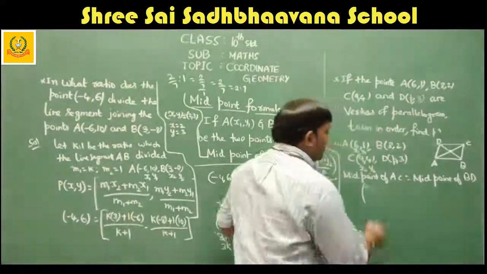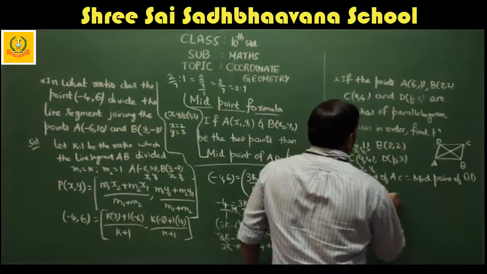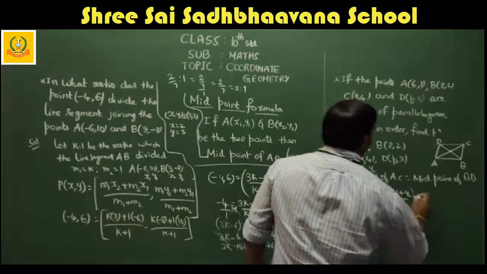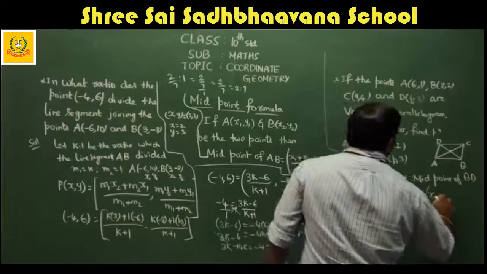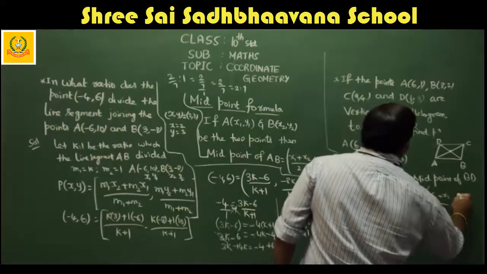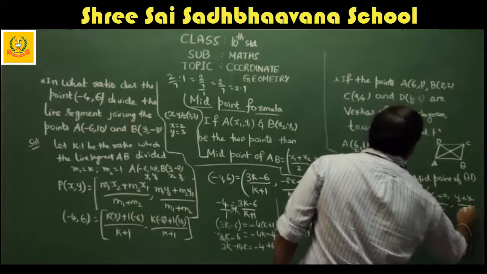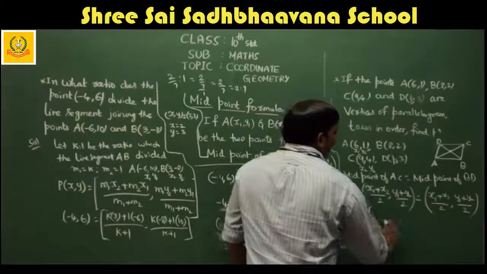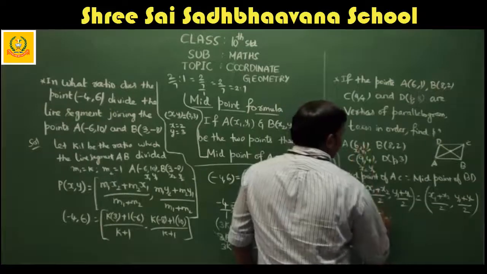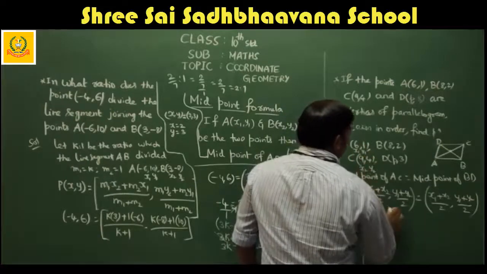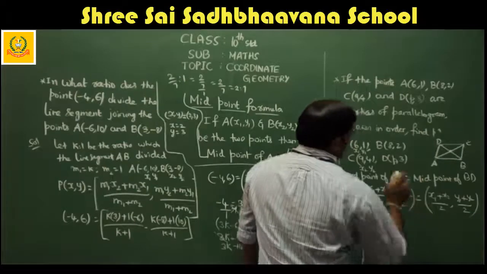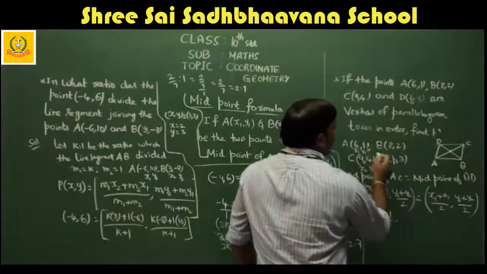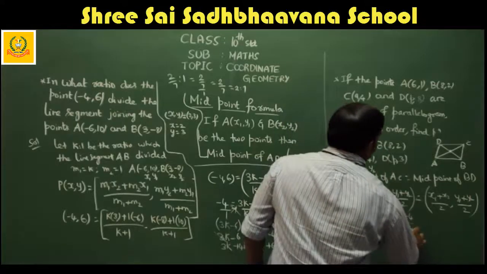Here also the same, (x1 plus x2) by 2, (y1 plus y2) by 2. What is x1 here? 6, plus x2 here, 9. So 6 plus 9 by 2. Next, y1 plus y2, so 1 plus 4 divided by 2.